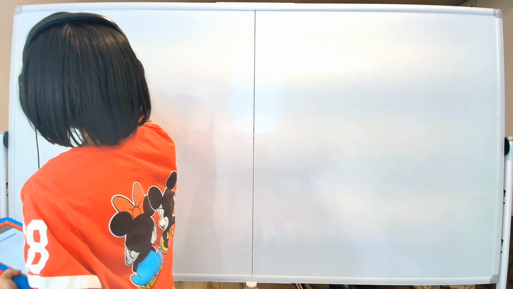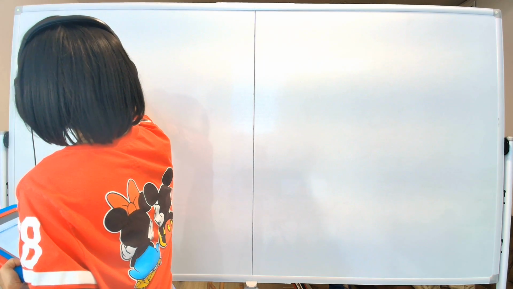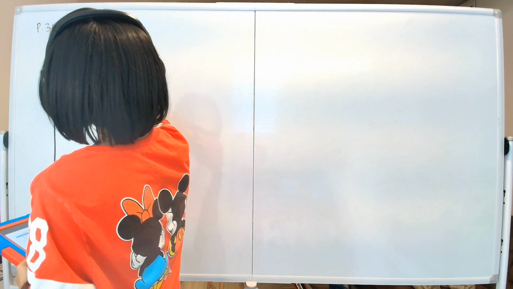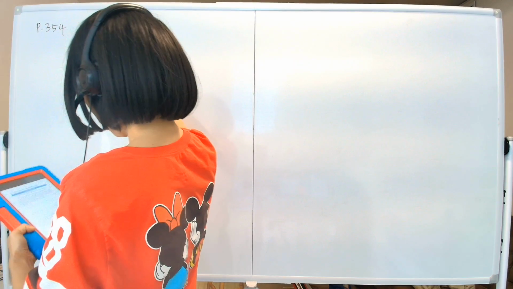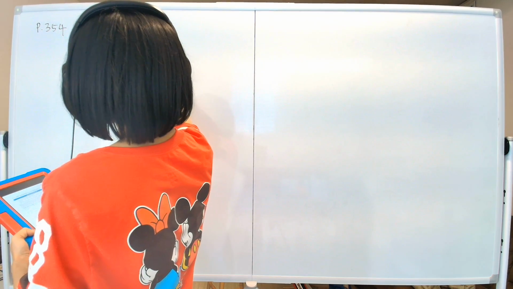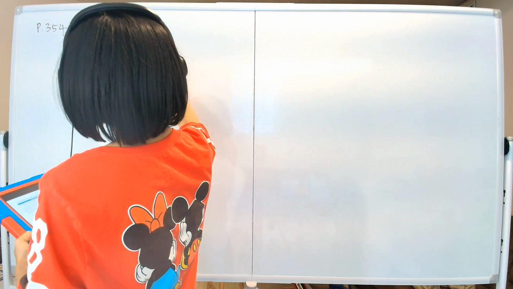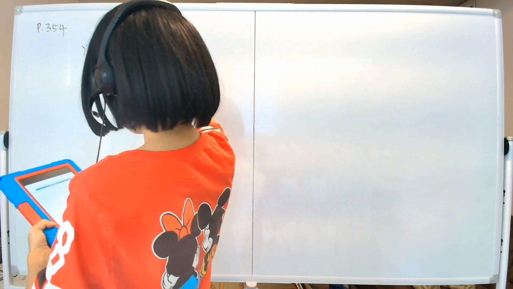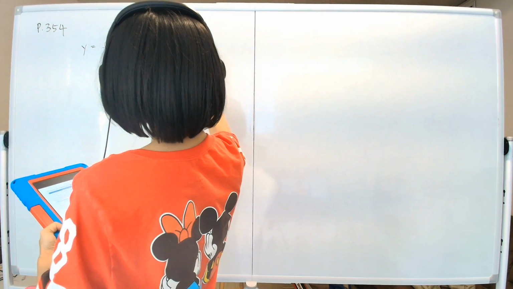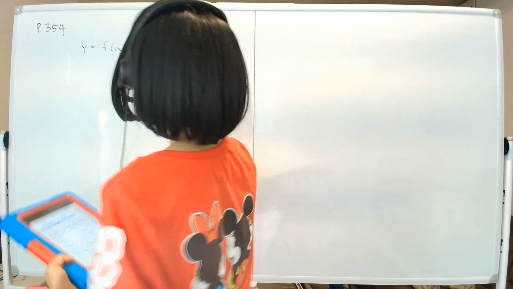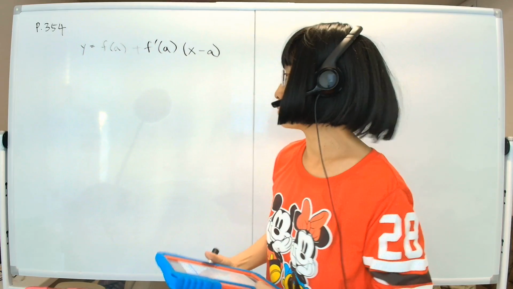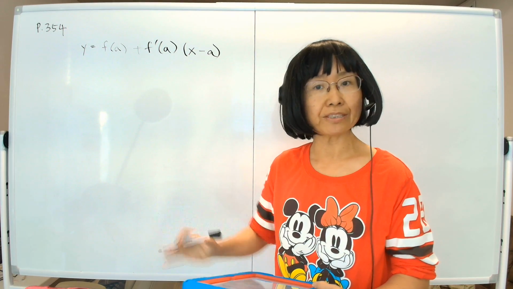The tangent line, as you might remember, is y equals f of a plus f prime of a times x minus a. Now the tangent line is close to the original function.